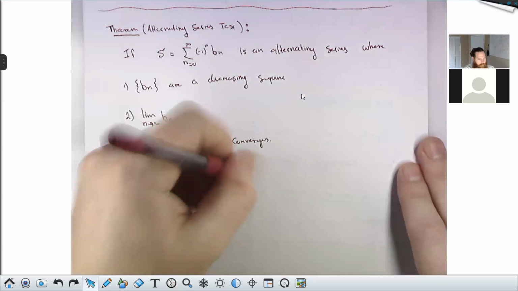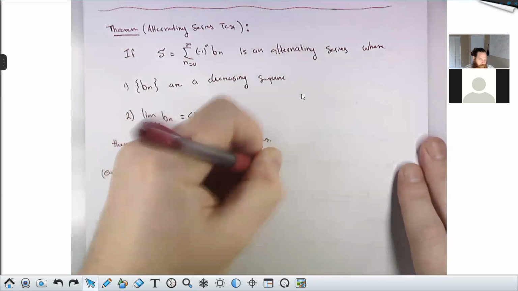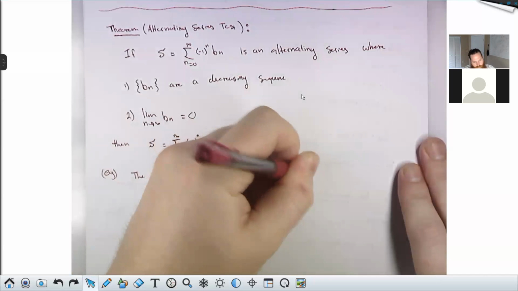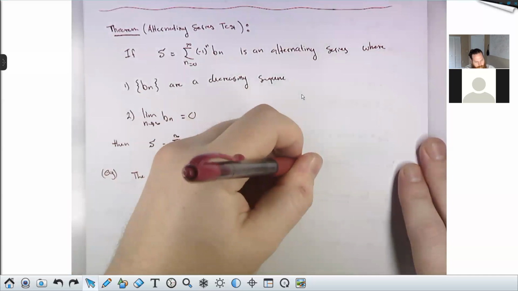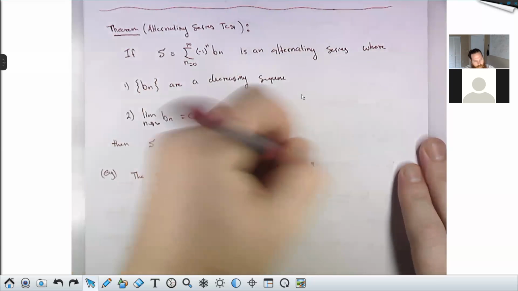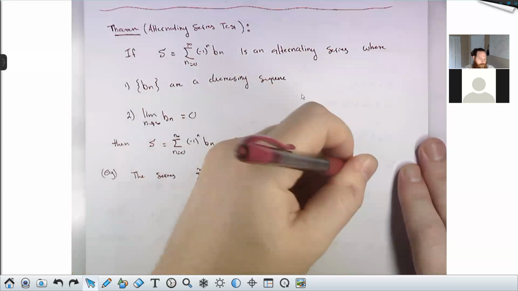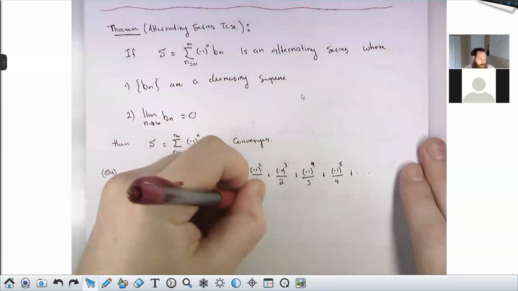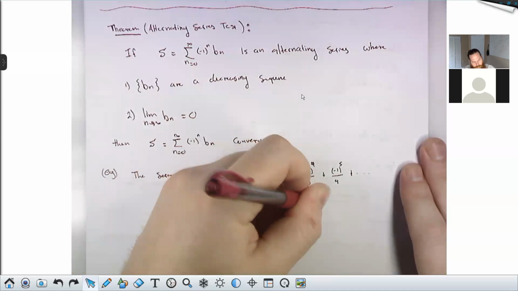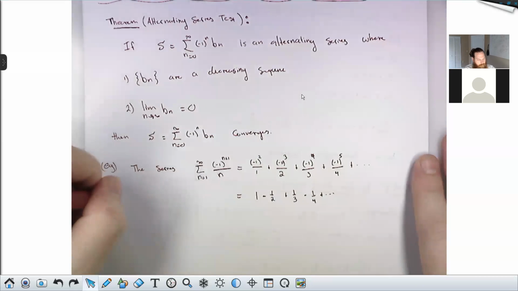If you start plugging in some numbers, you get (-1)^2 over 1 plus (-1)^3 over 2 plus (-1)^4 over 3 plus (-1)^5 over 4, and so on, which is 1 minus 1/2 plus 1/3 minus 1/4, and so on. This is called the alternating harmonic series.